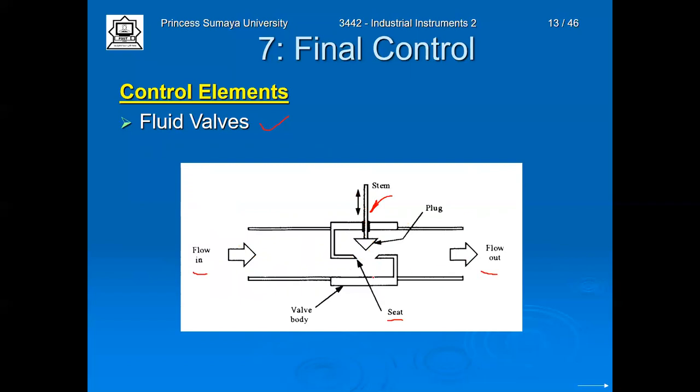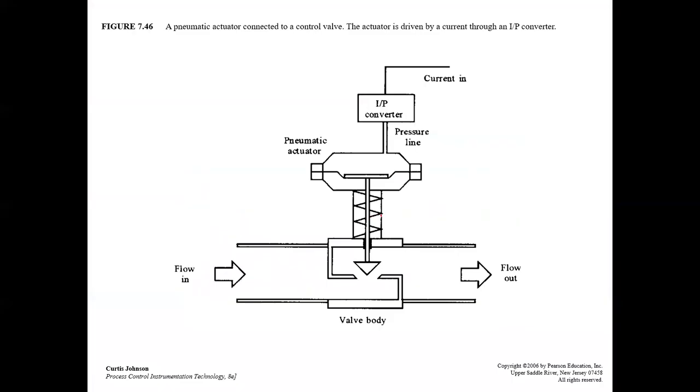And actually, the control valve operates as a final control element. It needs an actuator, and the most common actuator is the pneumatic actuator. In this type of actuator, we apply the current that comes from the controller as 4 to 20 milliamps, the industry standard.